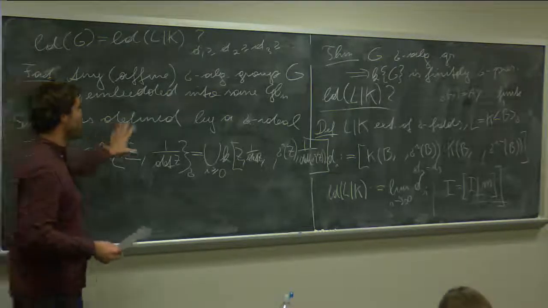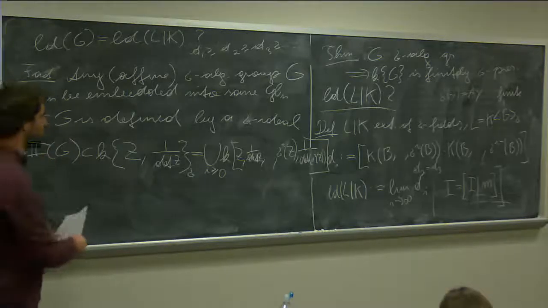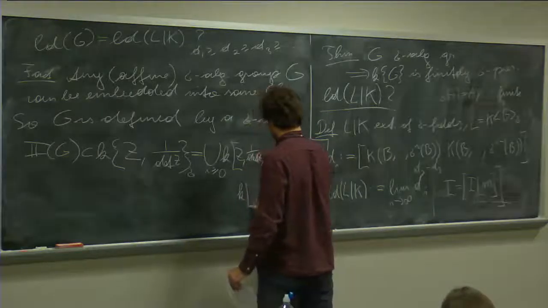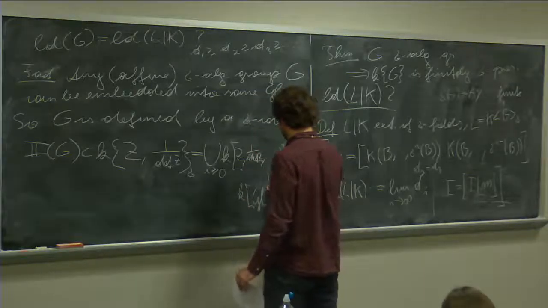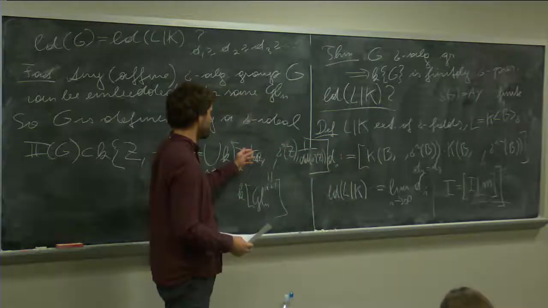Okay. But once we are inside GL_n, G is given by such an ideal, and here this is really the coordinate ring of GL_n to the power i plus 1, because you start counting from 0.